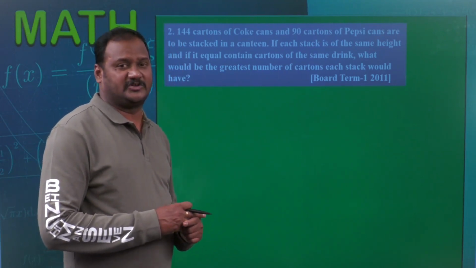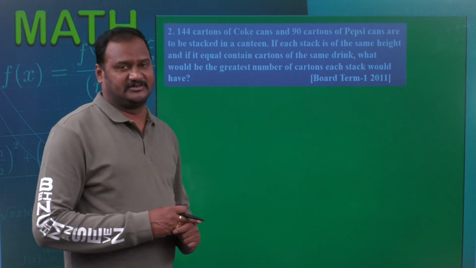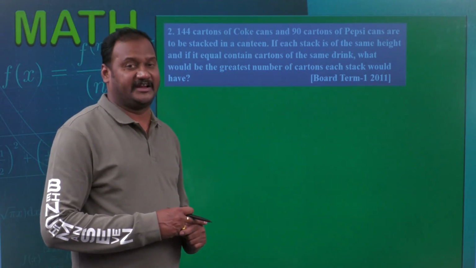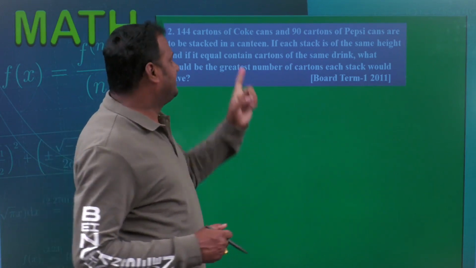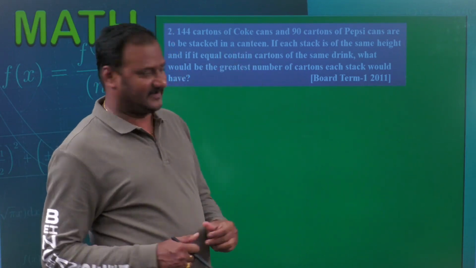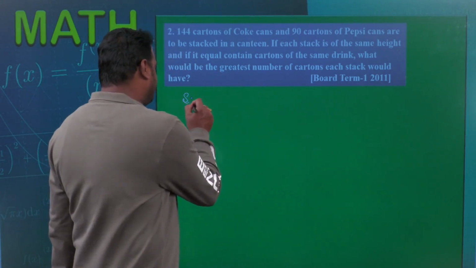So according to this problem, it is understood that you need to find the greatest number which divides both the two numbers.